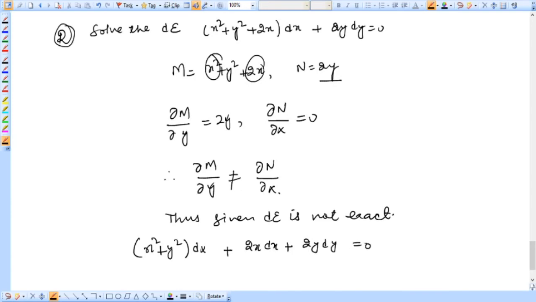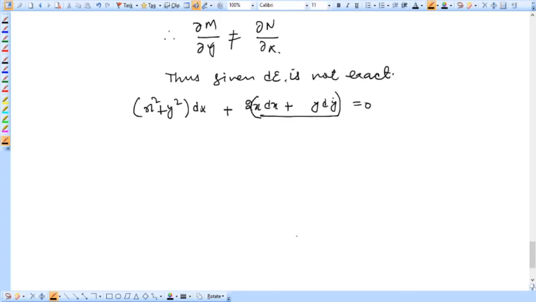So you can take this 2 common. 2 has been taken common. So whatever is left is x dx plus y dy, right?